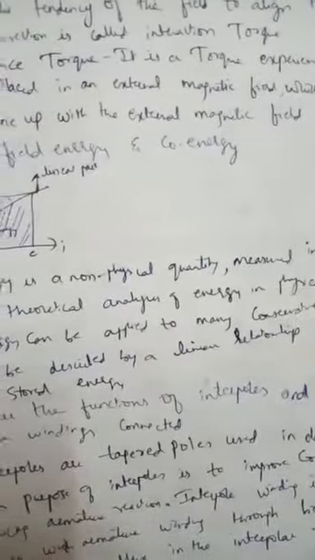Next question is field energy and co-energy definition. So this is the diagram of lambda versus i.